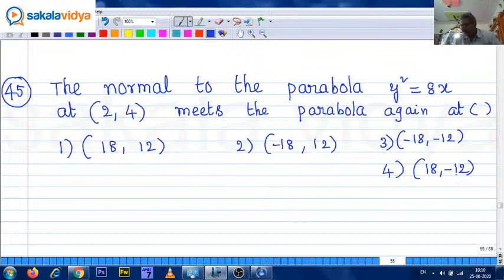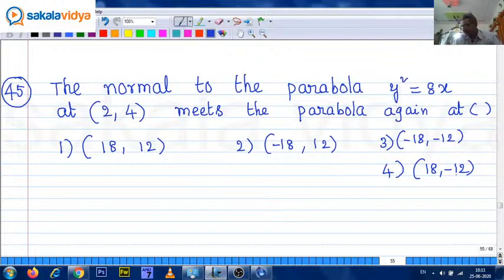So this is the question. First read the question carefully, then try to understand the concept and what sort of formula needs to be applied, then we need to decide. Understood now? So first let me read the question for clarity. The normal to the parabola y square is equal to 8x at 2 comma 4 meets the parabola again at which point?